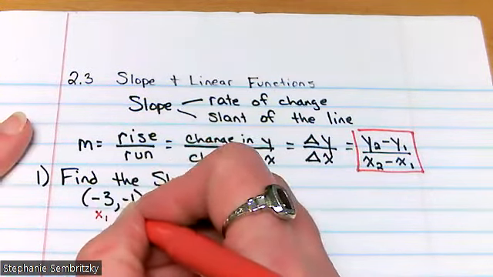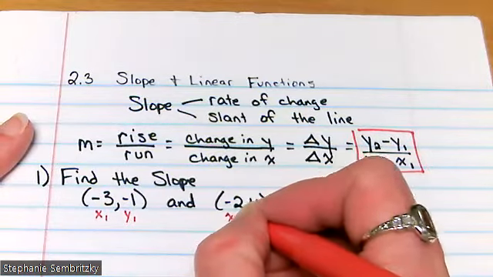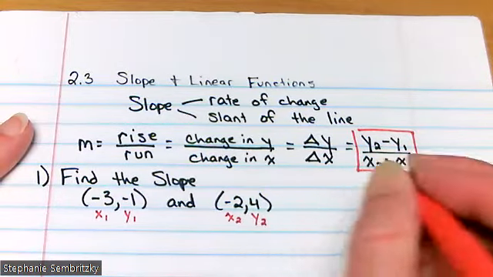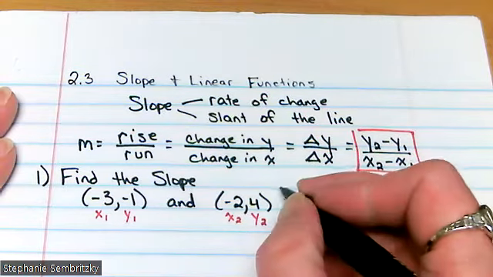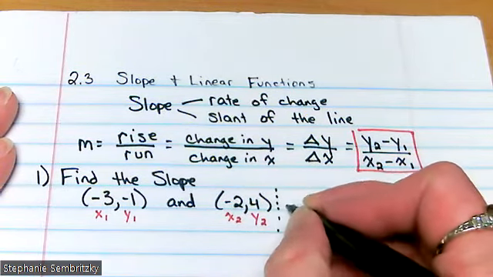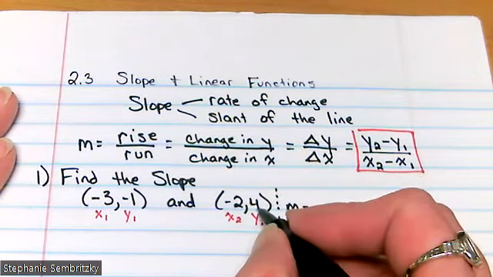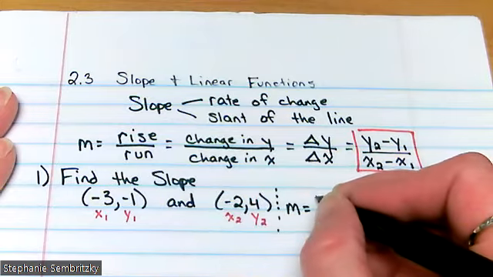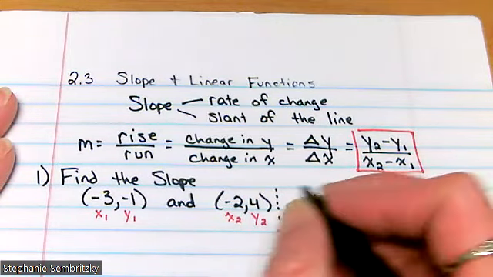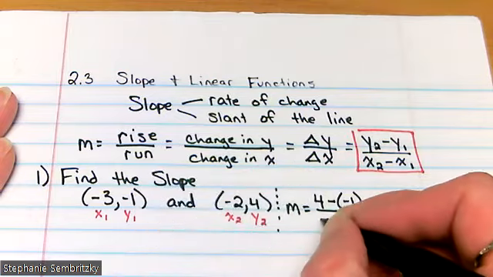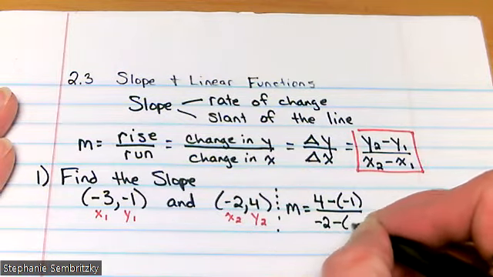So x1, y1, x2, y2, and now I can use that formula. So the formula says to find the slope, I'm going to take y2 minus y1, so 4 minus a negative 1, over x2 minus x1, negative 2 minus a negative 3.